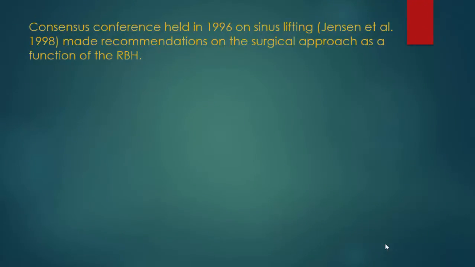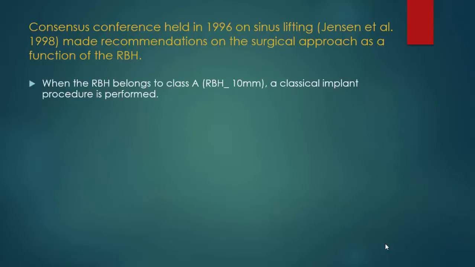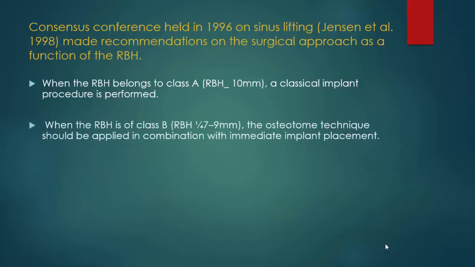Now let's see when we can do the lateral sinus lift and when we can do the crestal sinus lift. There is a paper by Jensen in 1998, and they have a classification of the sinus lift depending on the residual alveolar bone height. Class A, when the remaining alveolar bone height is 10 mm, is a classic implant procedure and doesn't need any sinus lift. Class B, when we have residual alveolar bone between 7 and 9 mm, the osteotome technique should be applied in combination with immediate implant placement.